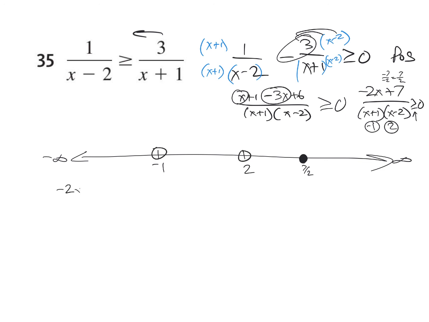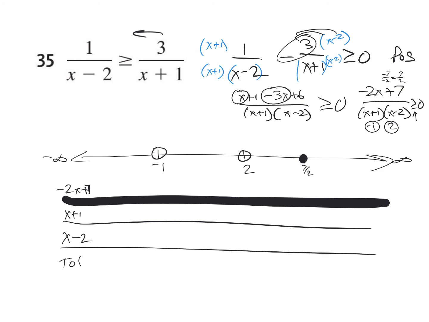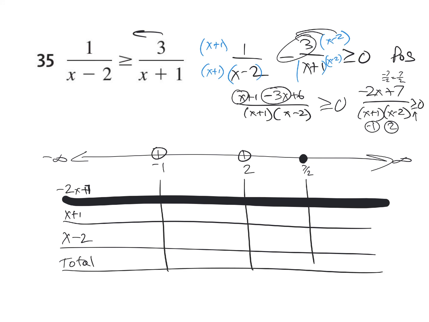The top is negative 2x plus 7. Whoops, 7. Draw a large number line for our fraction bar. Again, it's not necessary, but just keeping everything consistent here. And then the total values. Drop down your markers. And what do we have?